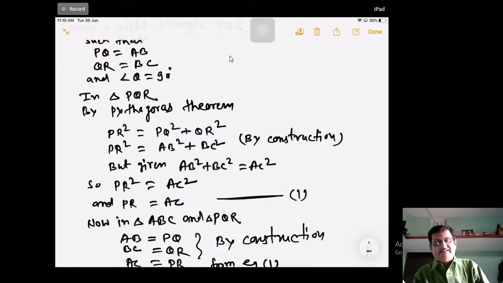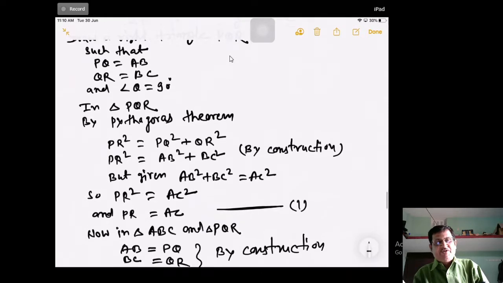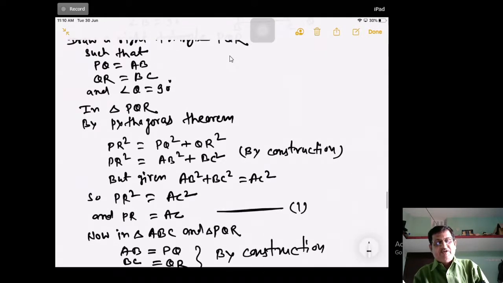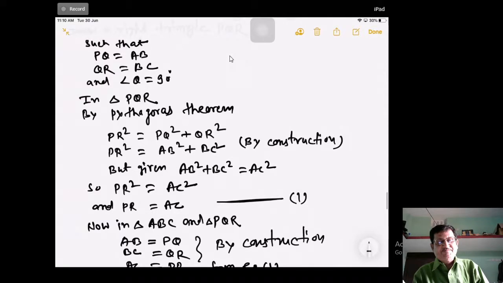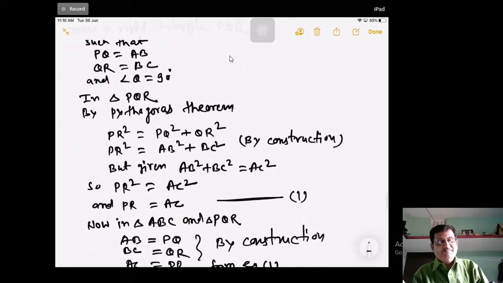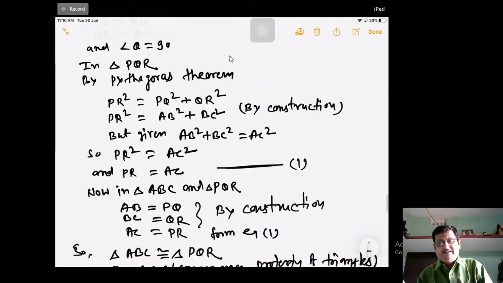But by construction, PQ is equal to AB and QR is equal to BC, so putting the values, PR square is equal to AB square plus BC square. But in the question, it is given that AB square plus BC square is equal to AC square. So PR square is equal to AC square and PR is equal to AC.